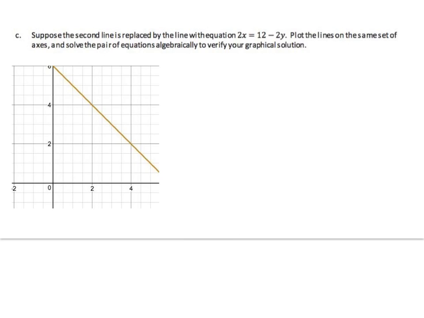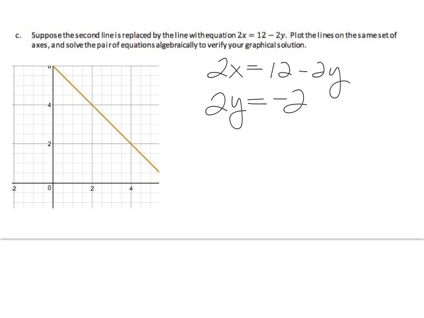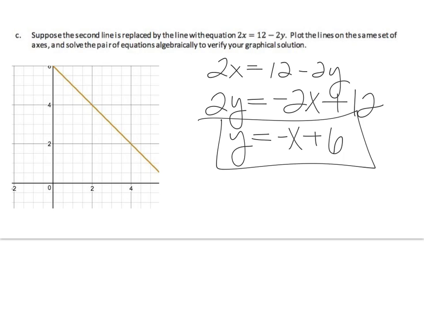Then lastly, suppose the second line is replaced by the line with the equation 2x equals 12 minus 2y. Let's rearrange that. I'm going to move the y over here and the x to the right. Divide everything by 2. And I have the same equation from the first part of this example.